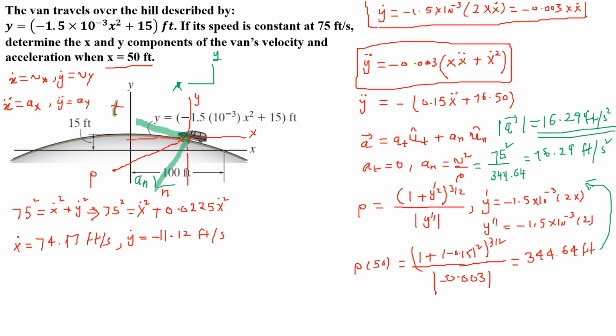To do that, we just need to remember something important and elementary. The tangent of the line is the slope of the function, and the slope is simply the first derivative. I have y, so I can just find the derivative, and I'm doing this derivative at x equal 50.